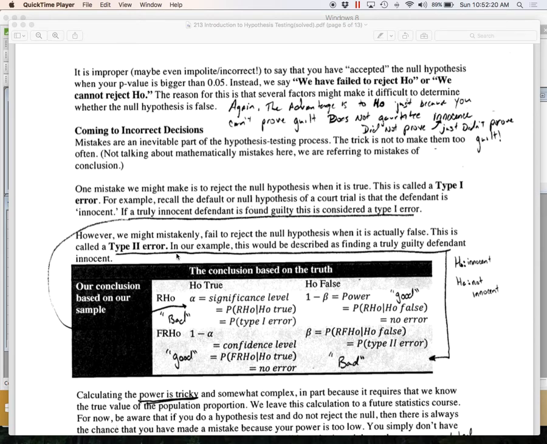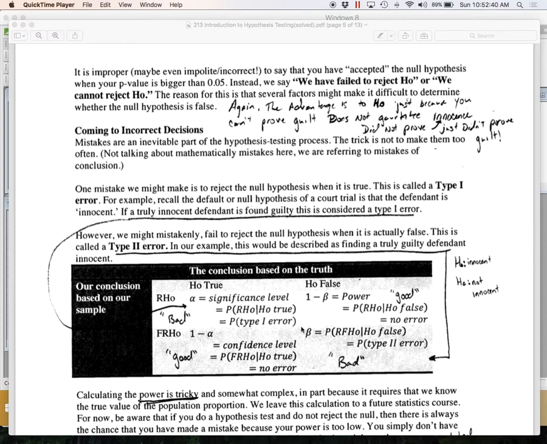Okay, there's another type of error. The first type of error would be when somebody is truly innocent but we found them guilty. Another type of error is if somebody was guilty but we can't find the evidence to show that they're guilty, so we apparently let them go free.